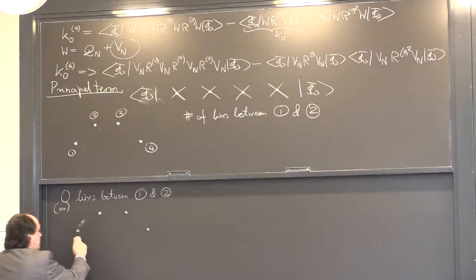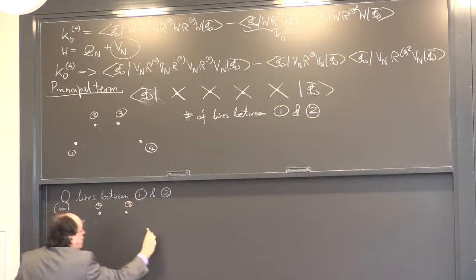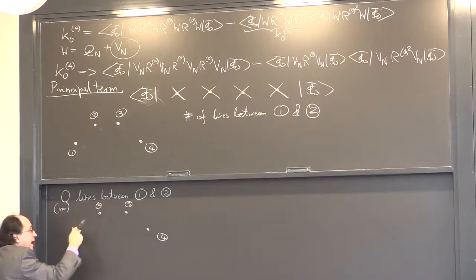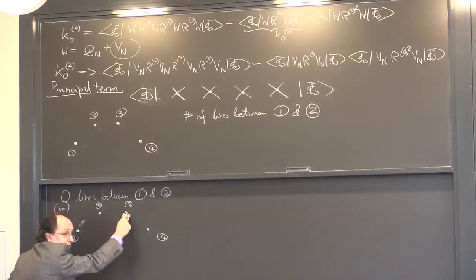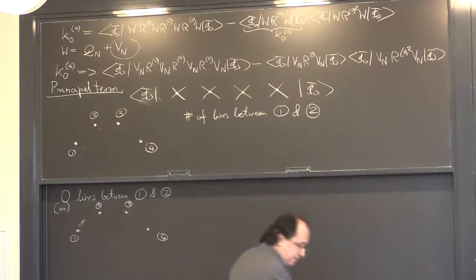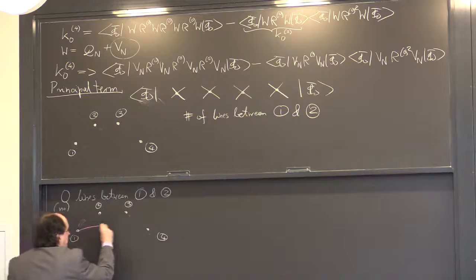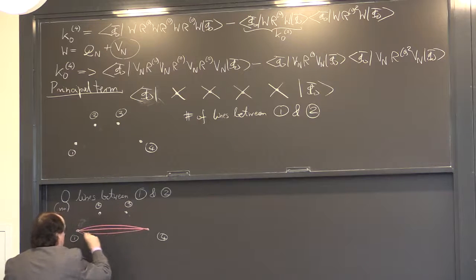No lines means that if this is 1, this is 2, this is 3, and this is 4, I'm not going to have any lines going here. So I now have 4 lines at 1 that have to go either into 4 or into 3. I'll start with the most obvious way of drawing this, namely, send all 4 lines toward 4.